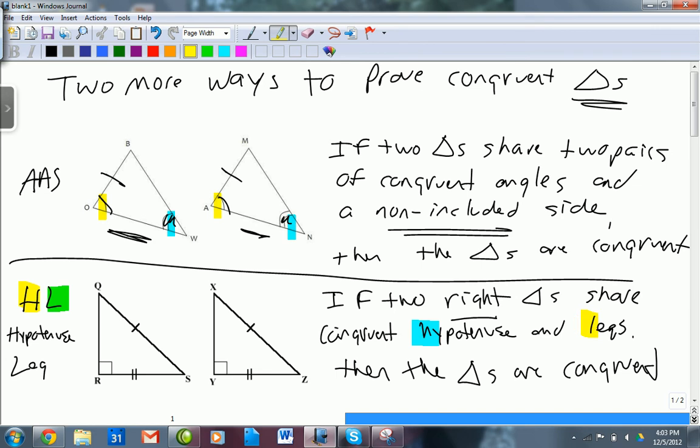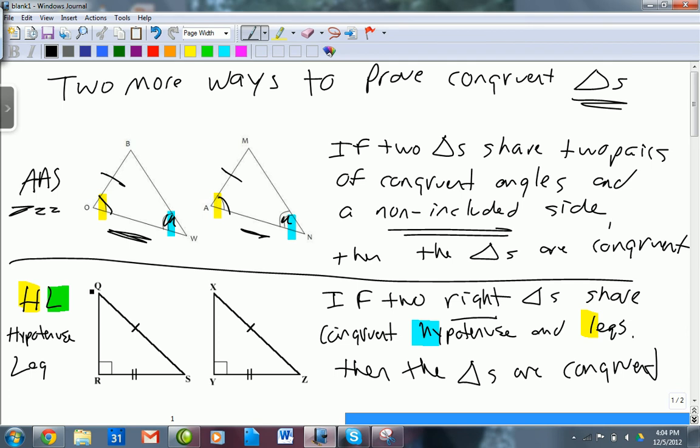Now, there are always three things we need to show congruent triangles. If it's side, side, side, we need three pairs of congruent sides. Side, angle, side, we need two pairs of congruent sides and the included congruent angles. Angle, side, angle, again, three things. We also have three things for angle, angle, side. And believe it or not, we have three things for HL.